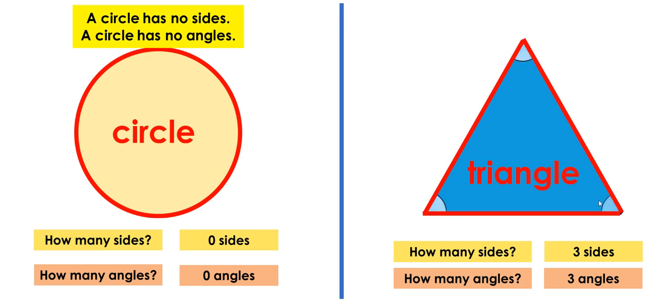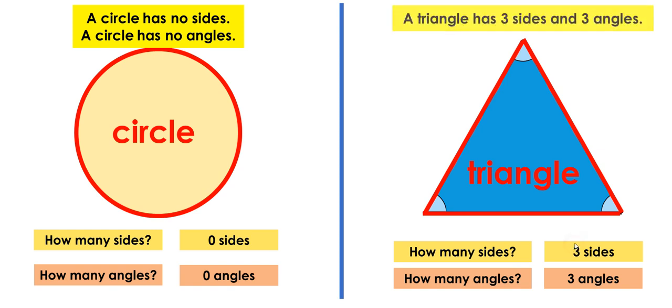The corners of the shapes are called angles. You can call them also corners, but we are now learning as angles. So a triangle has 3 sides and 3 angles. The word tri means 3.